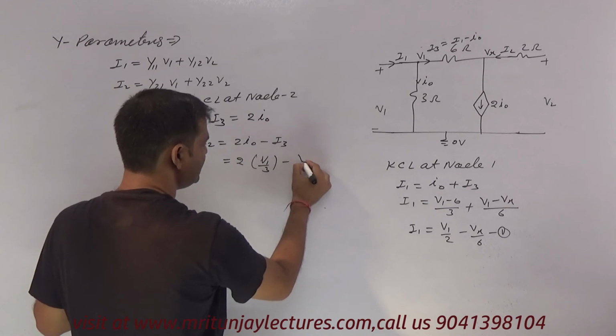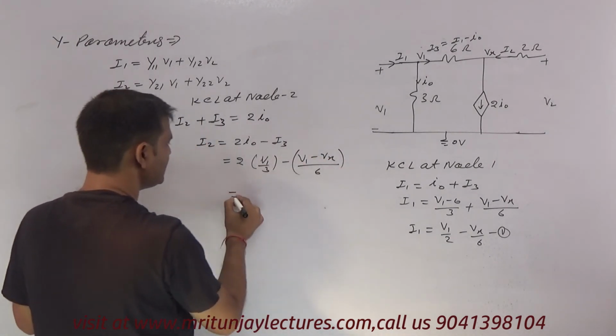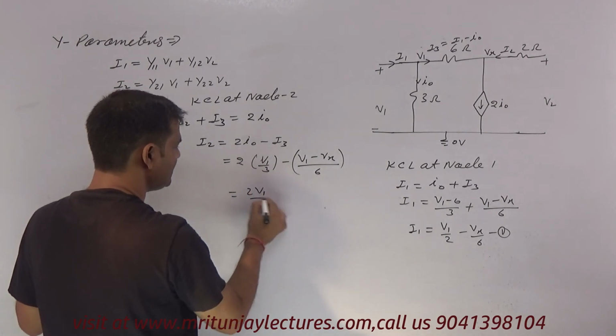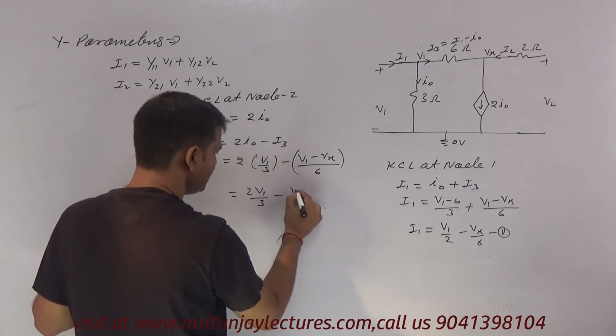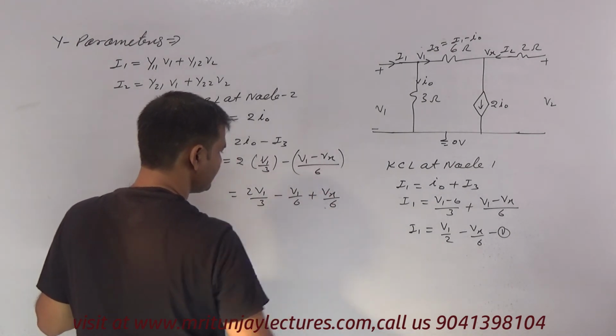I3 is V1 minus Vx divided by 6. So 2 V1 by 3 minus V1 by 6 plus Vx by 6.